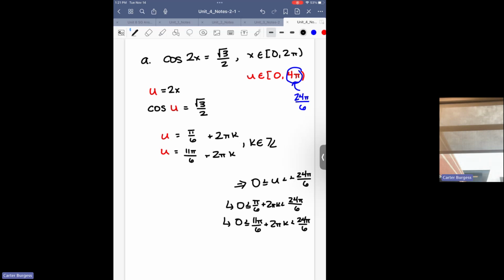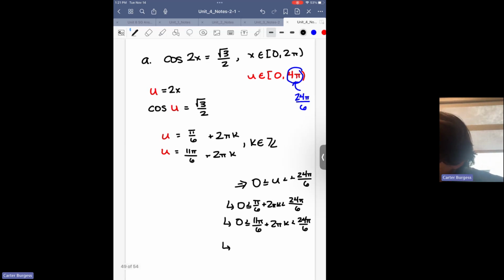It's not too horrible to do this. Subtracting pi over 6 from both sides of my first equation and then dividing by 2 pi, I'm going to get negative pi over 6 divided by 2 pi, which is negative 1/12.